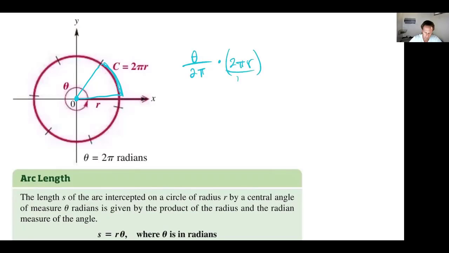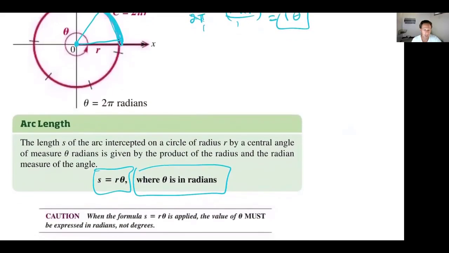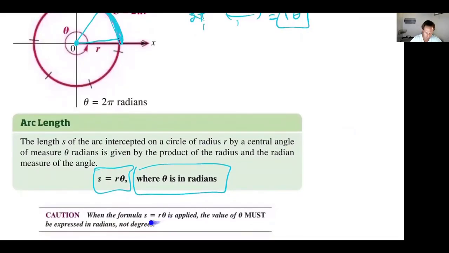And because we can multiply and just get r theta, that is the formula that we can then use to find a length, a part of a whole circle we call the arc length. So again, put it a bunch of different places, trying to make sure that you know if you're going to use this, it's in radians, not degrees. So make sure you have a note of that somewhere.